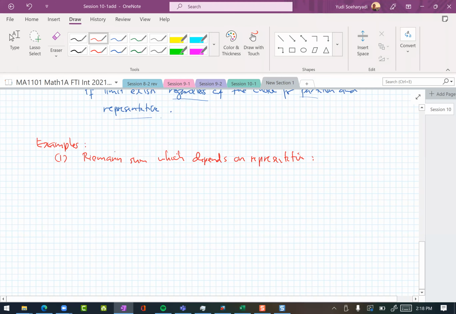Let's think about this function now: one if x is rational, one half if x is irrational, with x between 0 and 1, just restricted to 0, 1.